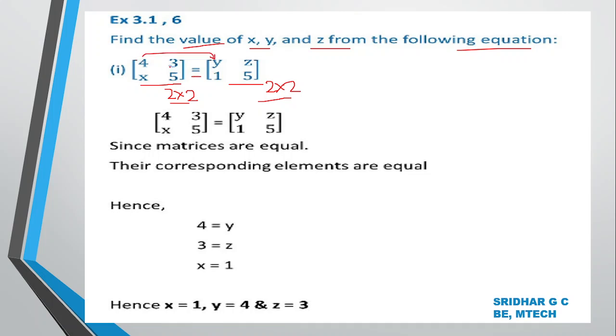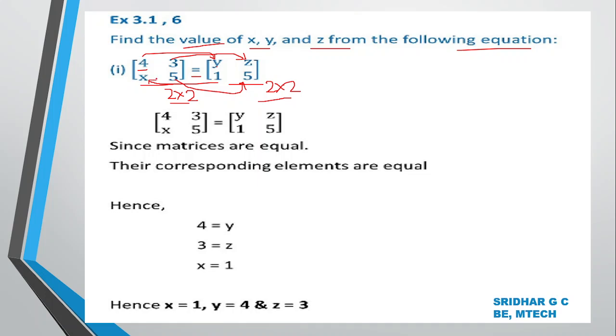So that means 4 equals y, 3 equals z, 5 equals 5, x equals 1.